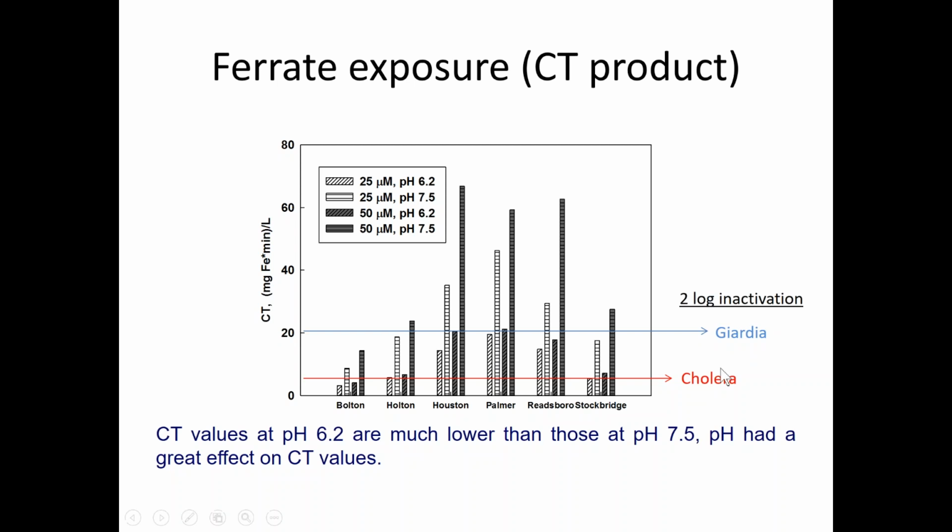And what you see here is a measure of how effective ferrate is going to be in each one of these waters, suggesting that for Giardia, you're going to be able to achieve 2-log removal in at least 5 out of the 6 waters if you go to a higher dose and a higher pH. And for viruses, you could get 2-log inactivation for all of the waters as long as you're picking the dose and pH correctly.